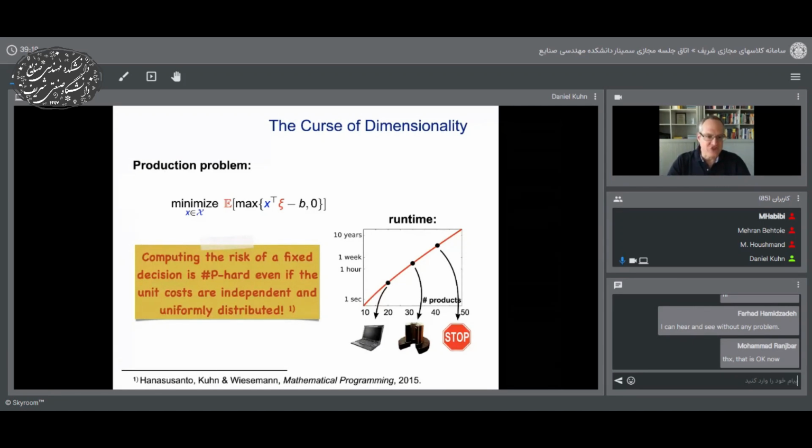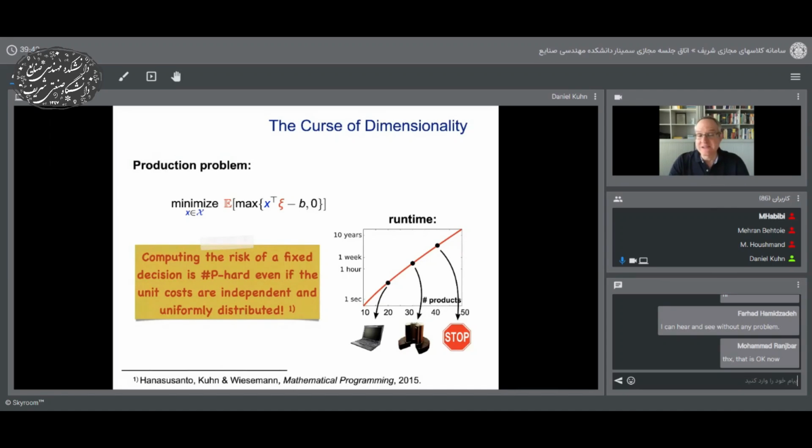And this is just about evaluating the objective function for a fixed decision X. This is not even about optimizing the objective function. This is the so-called curse of dimensionality. It states that if the dimension of a stochastic optimization problem grows, then it becomes increasingly, or exponentially, hard to actually solve the problem.